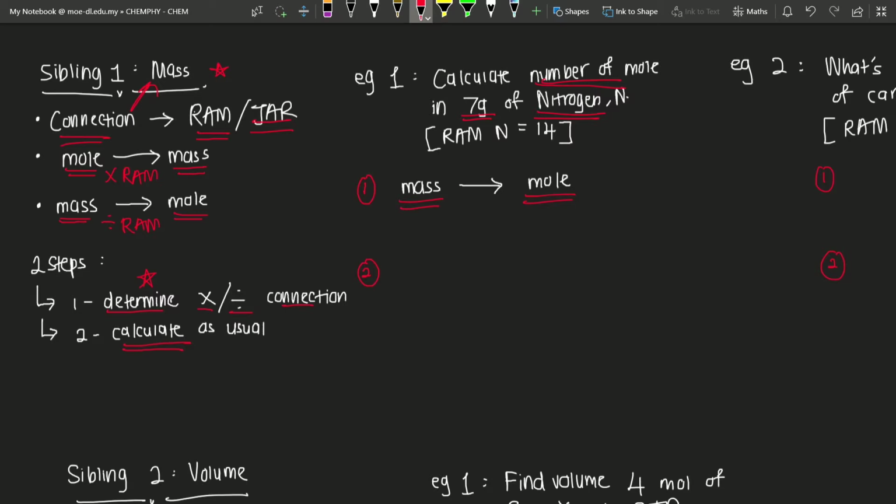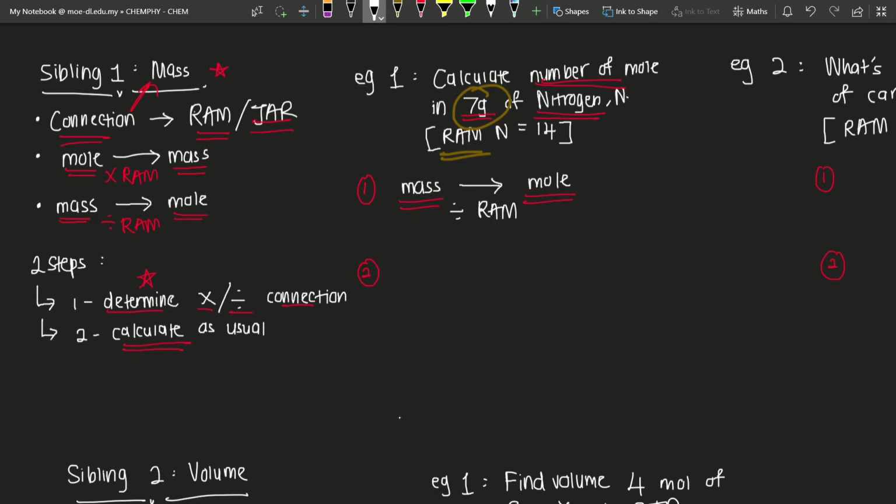Three sibling nak tukar kepada mole. You guys will divide the connection. In this situation, for mass, our connection will be your RAM, which is given in the question, JAR. So, you guys akan bagi dengan RAM. Jisim atom relatif, soalan akan bagi nilai dia. So, mass nak ke mole, you guys akan bahagi RAM.